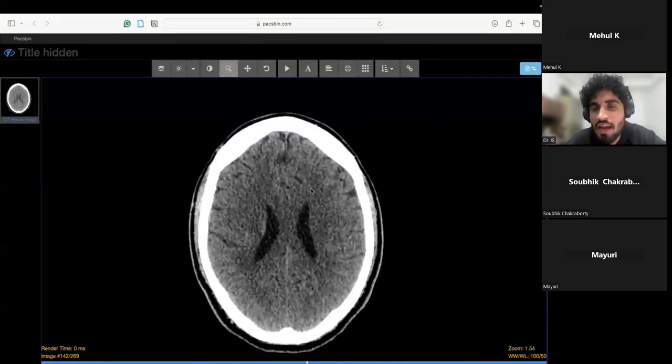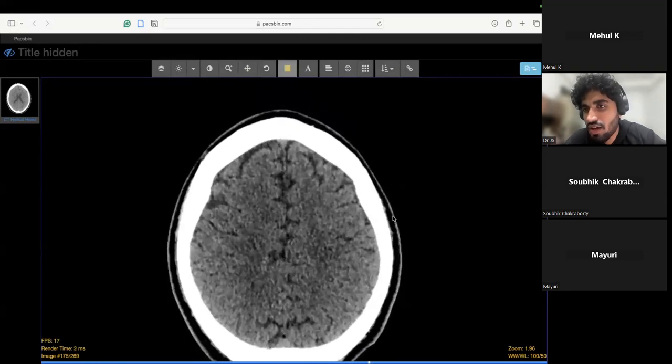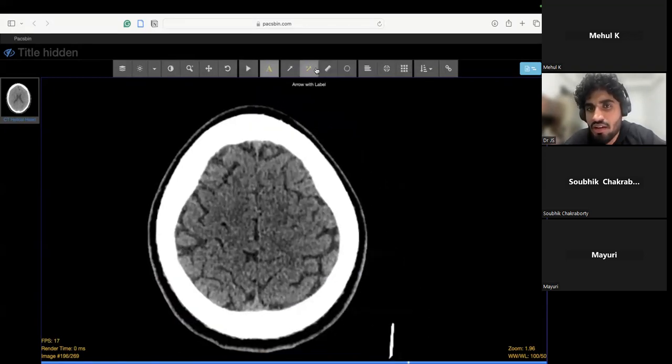We have a universal PACS available easily. You can go to the trauma center as well, where you can see multiple pathologies, and also appreciate a CT abdomen. We'll discuss that later. There is also something called play clip. You can also annotate and measure here. There are multiple tools we need to maneuver around.